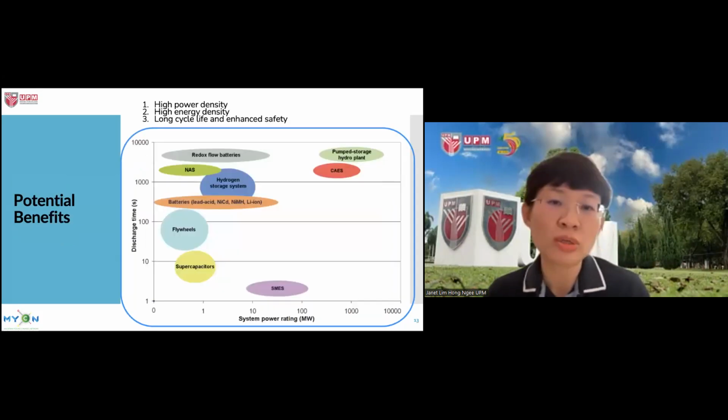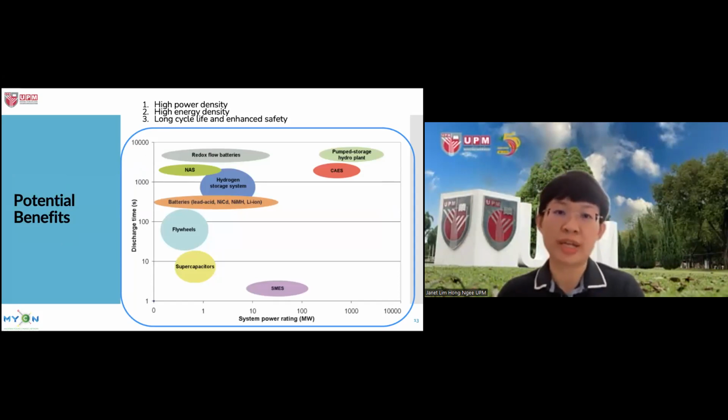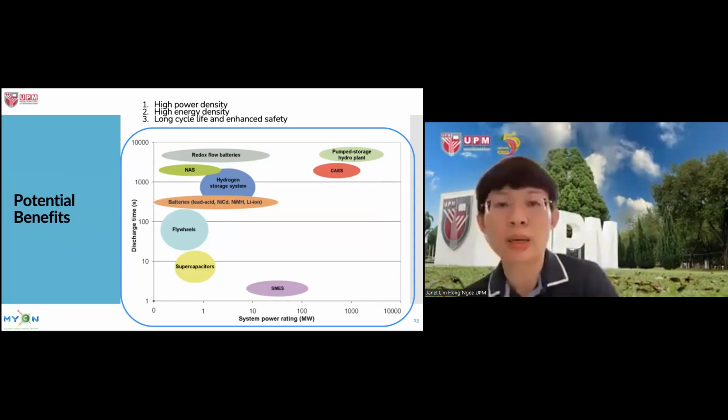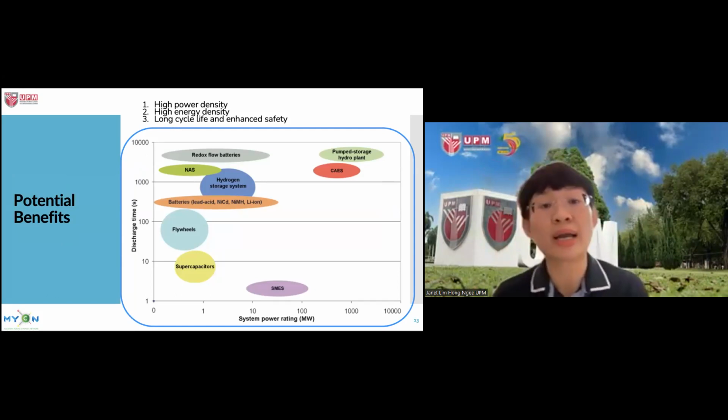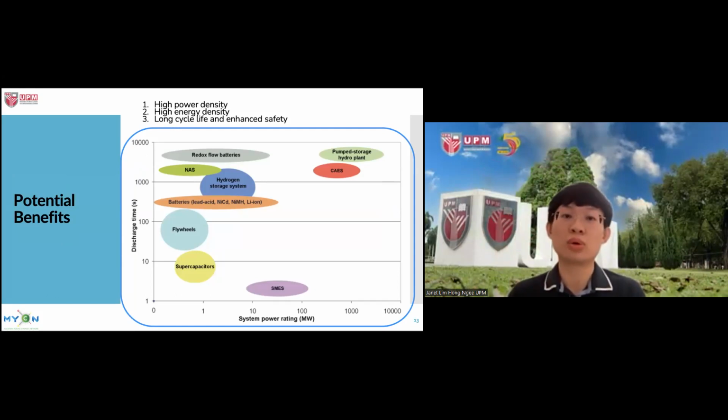So the potential benefits of achieving that is that you'll be able to get high power density, high energy density, and you will also be able to achieve long cycle life and also enhanced safety.